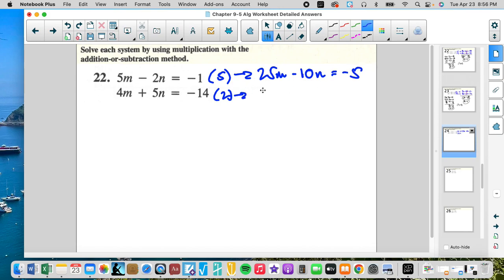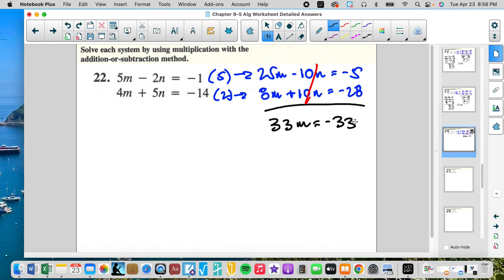This becomes 8m plus 10n equals negative 28. The n's cancel. That's 33m equals negative 33. Divide by 33. m equals negative 1.